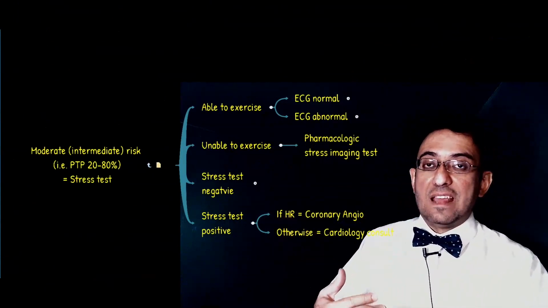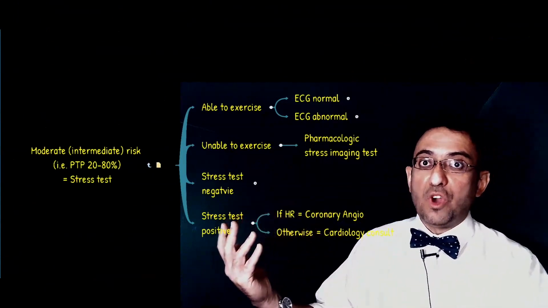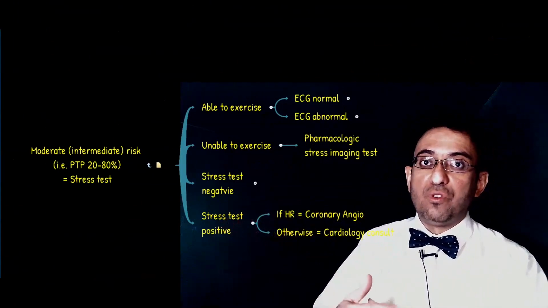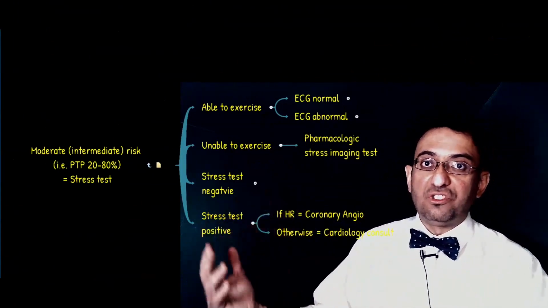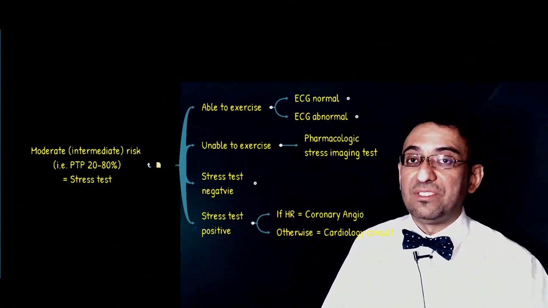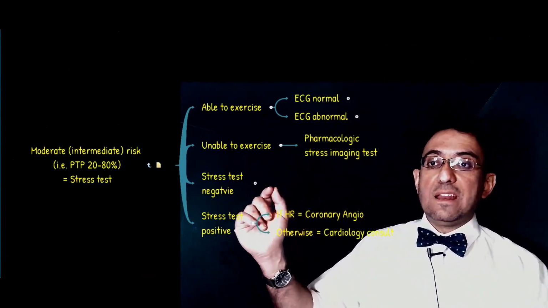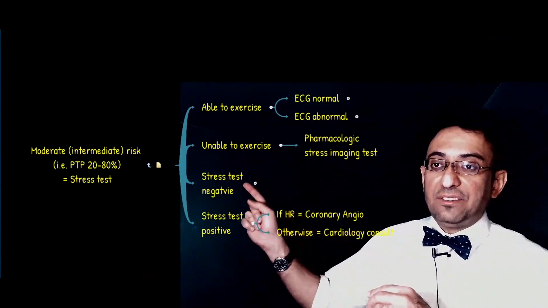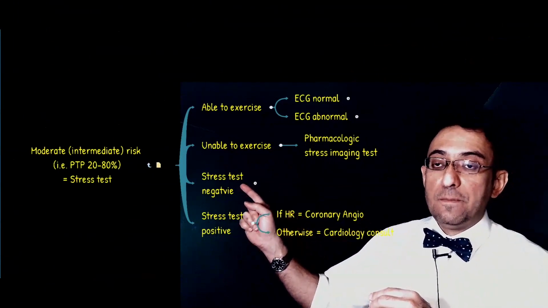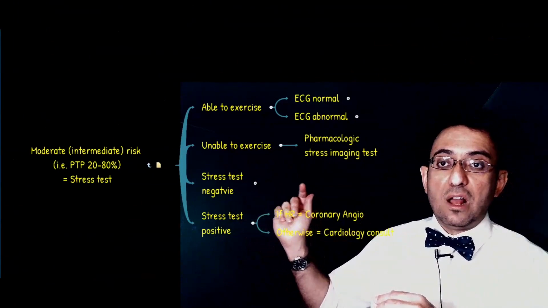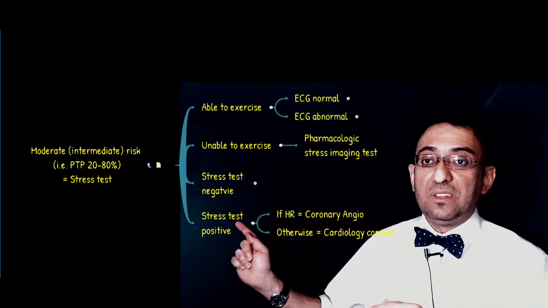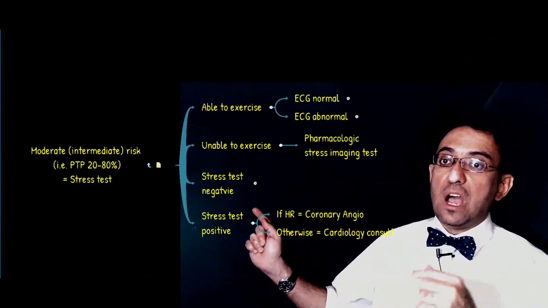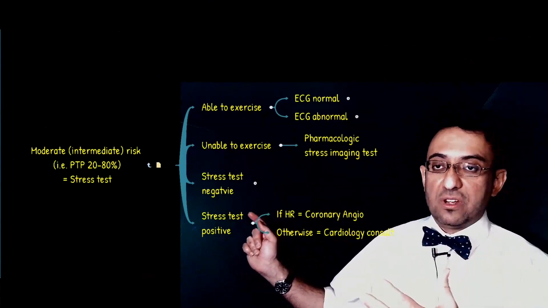After the endpoints are reached or the target changes we were seeking are identified, we stop the exercise or stress testing. Then we use predetermined criteria based on the protocol to classify the patients into low risk, who will be followed up for non-cardiac causes, or positive, and positive could include high risk criteria, again based on our protocol.